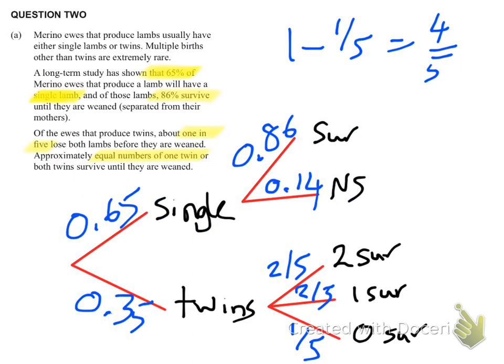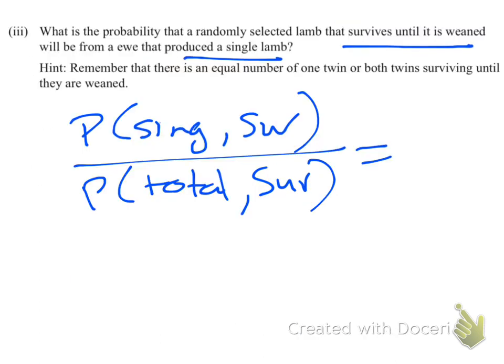If I jump back to there, that single surviving is the 0.65 times the 0.86. So that is all good. But it's the total surviving that we've got to look at.